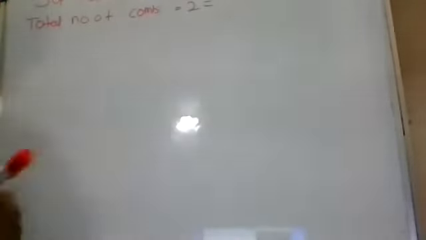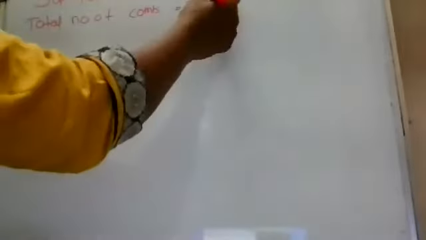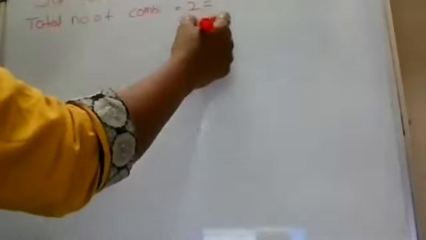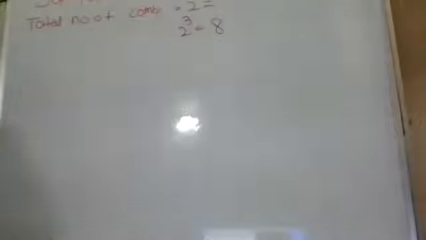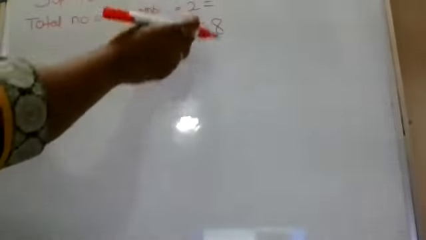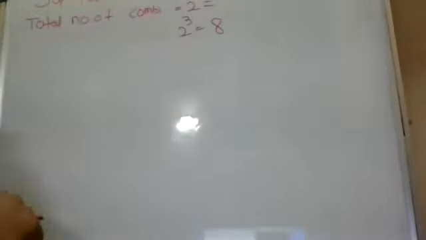So 2 power n, and if we have three variables, 2 power 3 equals 8 combinations, and we have 8 sets also.